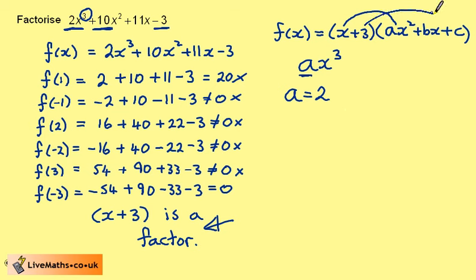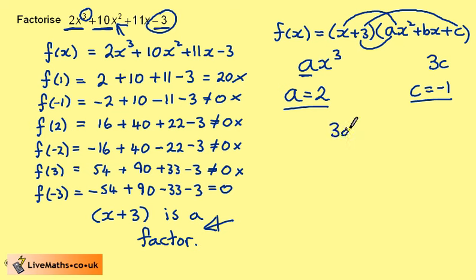The only term that would give us just a number would be this one. There's no x in it, and it's 3c. The constant term here is minus 3, so it follows that c must be equal to minus 1. Now we need to use one other term. I'm going to look at the x squared term. This would give me an x squared term. It would give me 3ax squared. And this would give me an x squared term. It would give me plus bx squared.